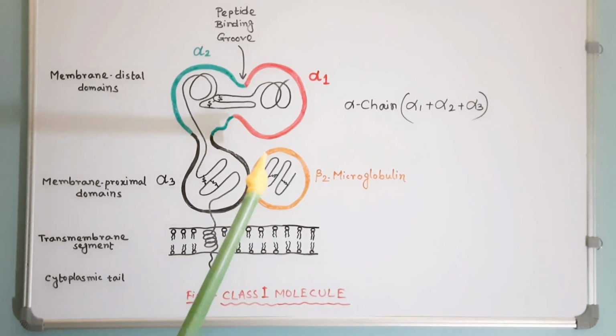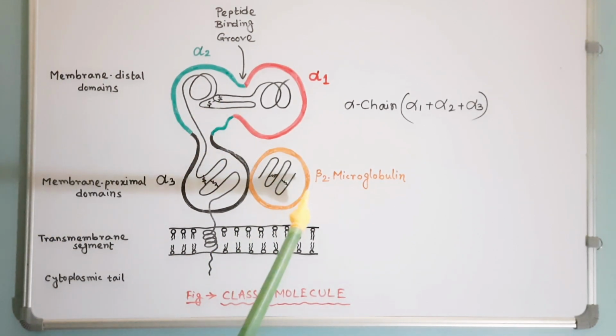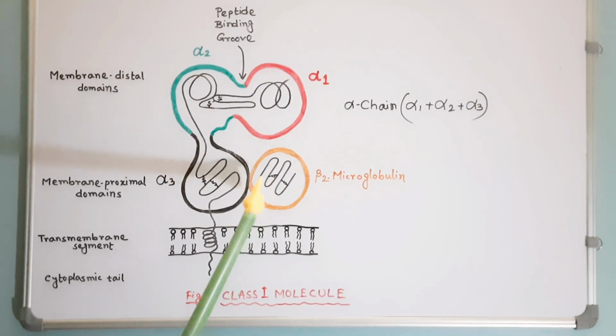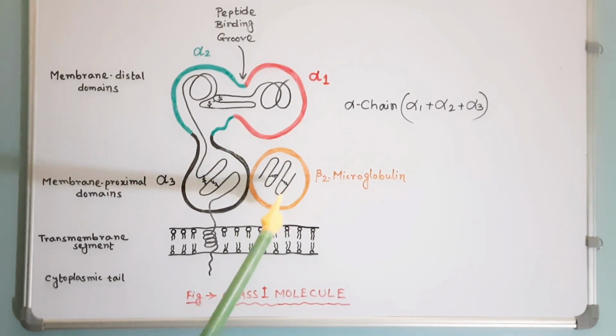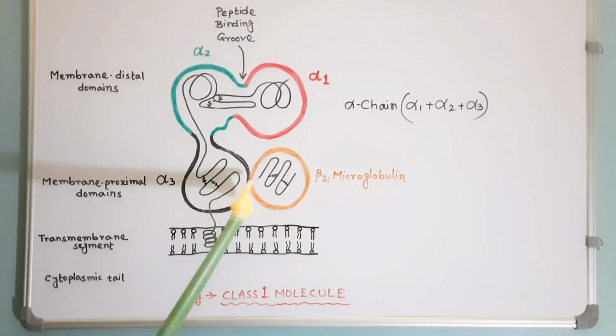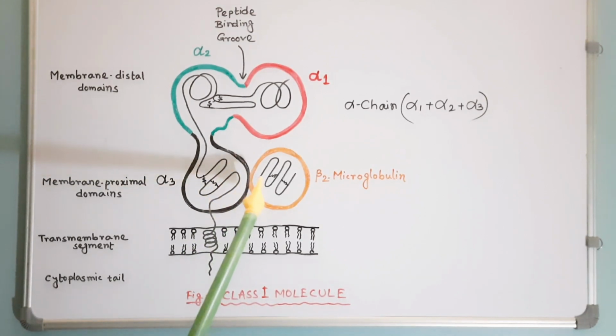Now, beta 2 microglobulin has similar size, composition and organization to the alpha 3 domain, but beta 2 microglobulin does not contain a transmembrane region. It is non-covalently bound to the MHC class I alpha chain.